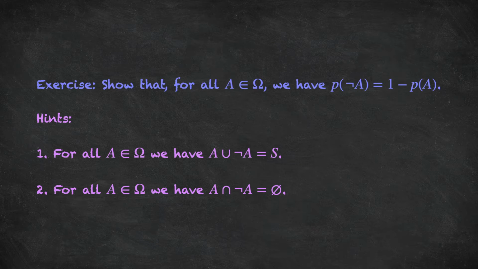Okay, so A union not A is equal to the state space S. And also for all A in omega, so for all events, we have that if we look at the intersection of all of the states that belong to event A with the set of all states that are not in A, then this intersection is empty. Okay, so A intersect with not A is an empty set. So there are some hints. Pause the tape and have a quick go at proving the required equation above in this exercise.